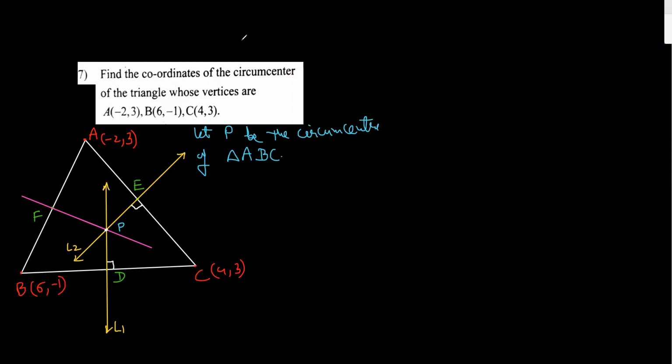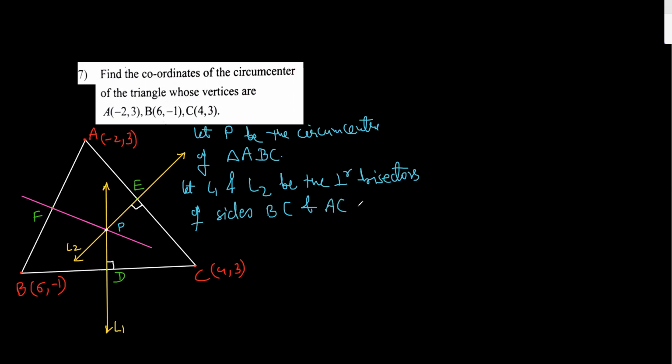Let me write there: let L1 and L2 be the perpendicular bisectors of sides BC and AC respectively.